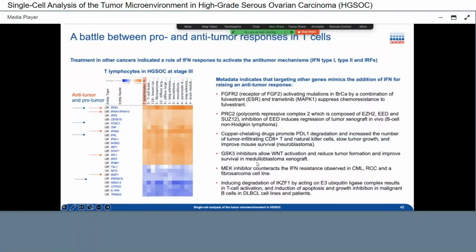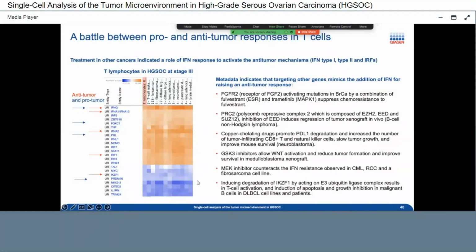We find out also that when you have GSK3 inhibitors, you allow the Wnt activation that reduces the formation and improves the survival in another type of cancer. We find out as well that we have MEK inhibitors that counteract the interferon resistance, which is observed in CML, in kidney cancer, and fibrosarcoma.